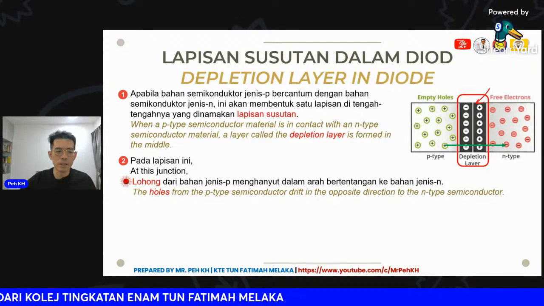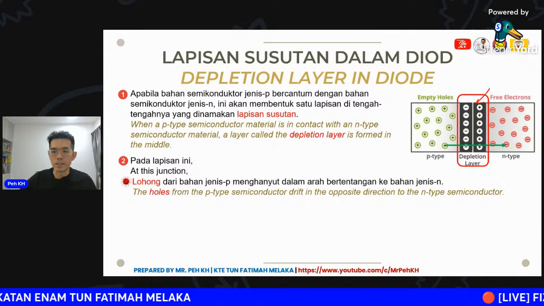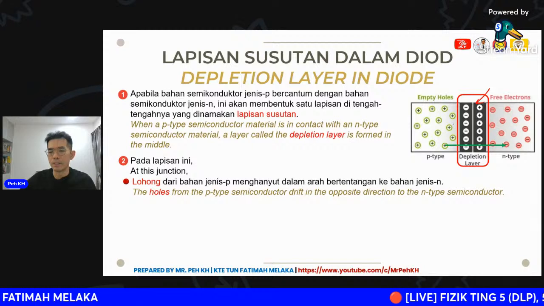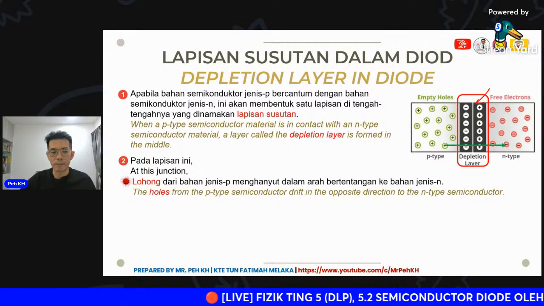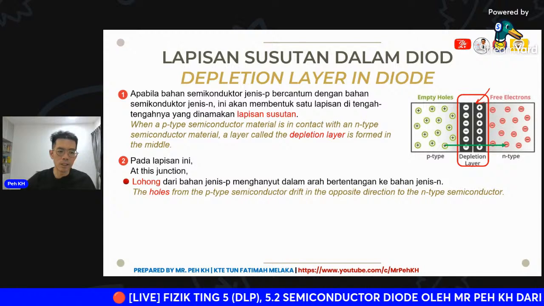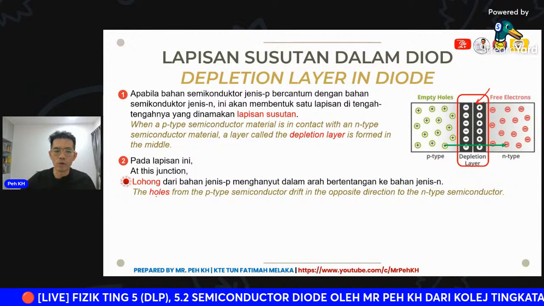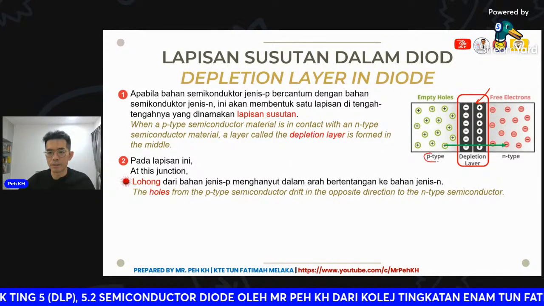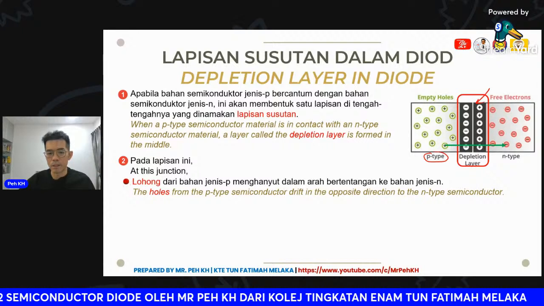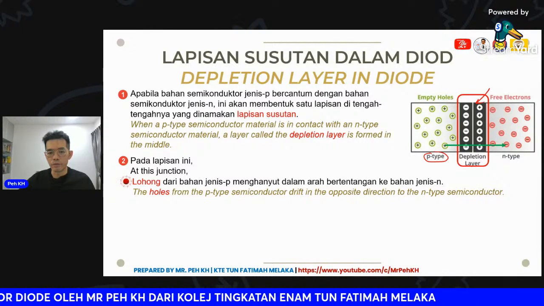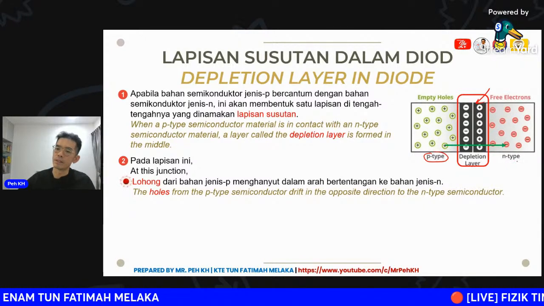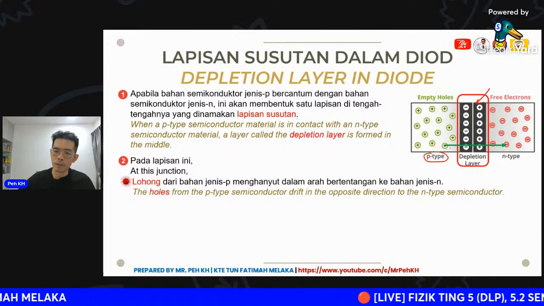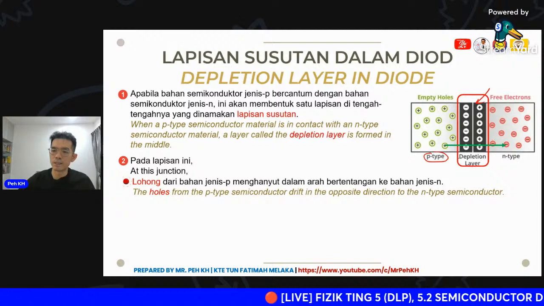From this figure, you can see the green arrow moves from the P-type to the N-type. This is the movement of the hole from the P-type semiconductor drifting to the opposite side, toward the N-type semiconductor. So the hole will cross this depletion layer.